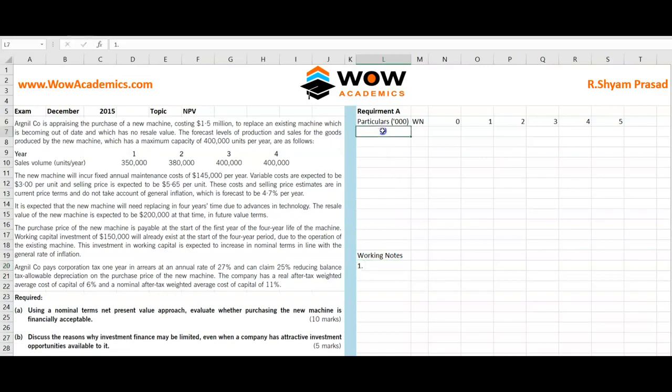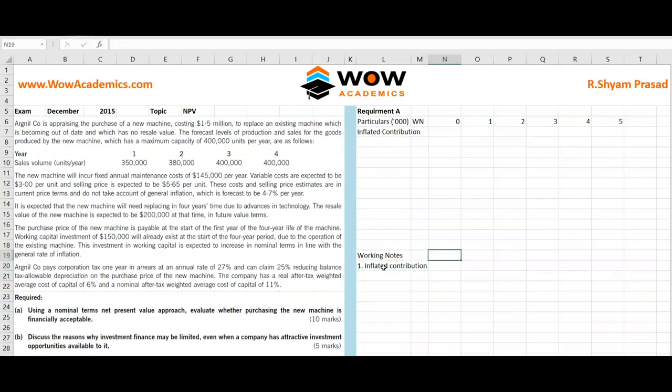That number we can put here. So what we want here is the inflated contribution. So to do that, we have to start from working note 1, which we can take as inflated contribution. So we'll start from here.